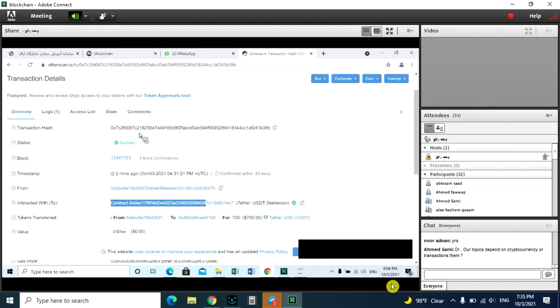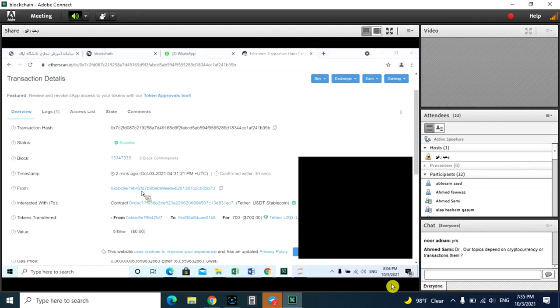Okay. So the sender, this is the receiver, and the other information like how much Ethereum was transferred by this transaction. Token transfer, you can see.